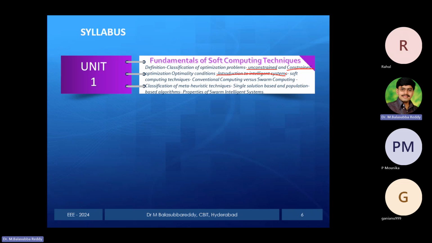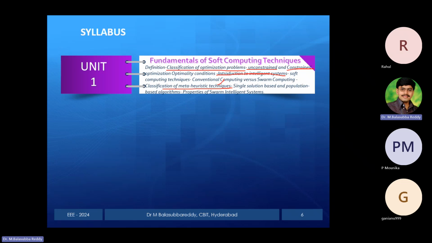That we will discuss, and then the classification of metaheuristic techniques. Earlier there was a conventional classification, as I mentioned in the first line. Here you can see the classification of optimization problems. After that, there are metaheuristic techniques also present in this classification. What are the metaheuristic techniques?